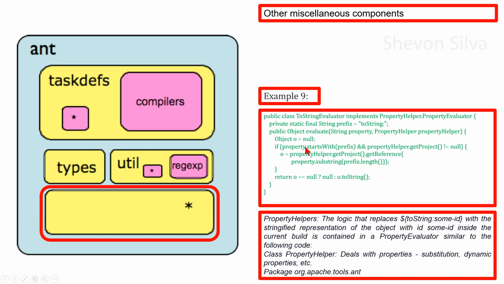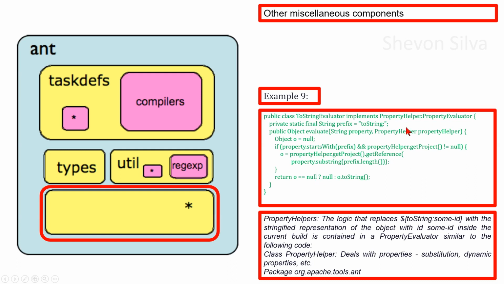Now we are considering property helpers. Here's the logic that replaces the ${toString:some-id} with the stringified representation of the object with some ID inside the current build, contained in a property evaluator similar to the following code.